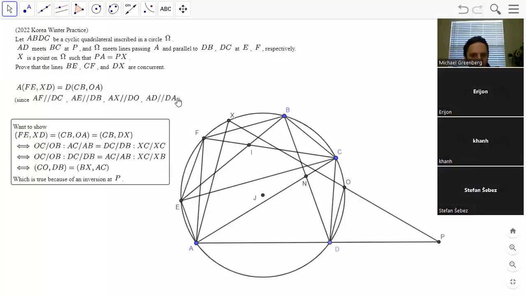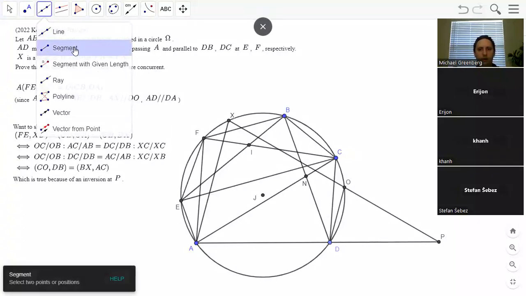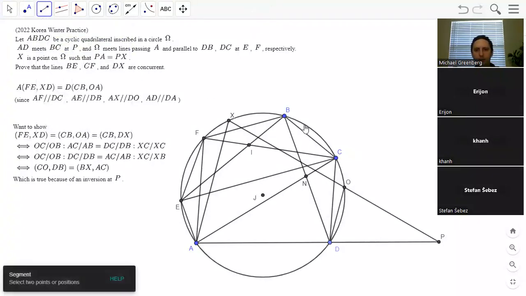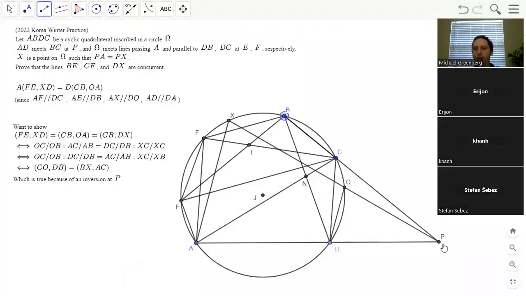And then AC over AB is DC over DB. Okay, you rewrote it, and then we have CODB. And so you're using that B, C, and P are collinear. Is that like Pascal's theorem? What do you think about that?